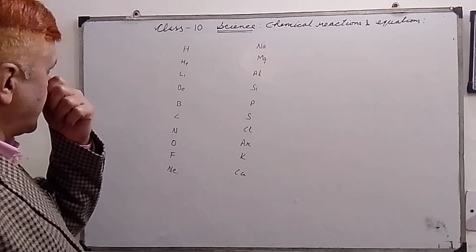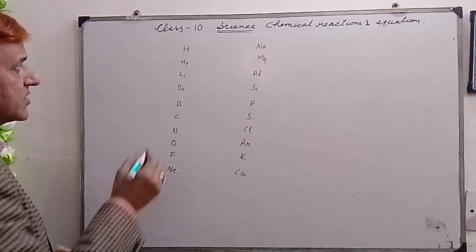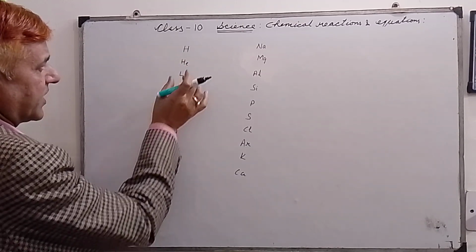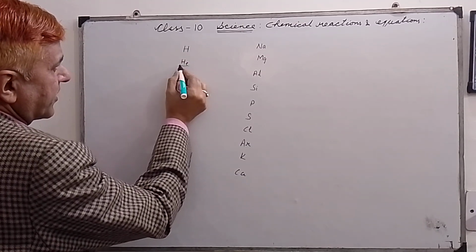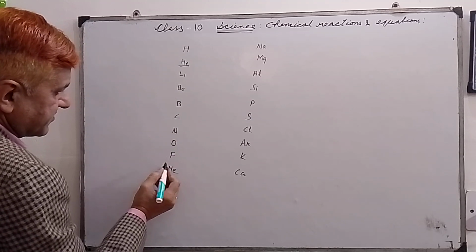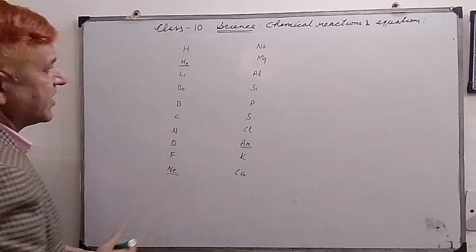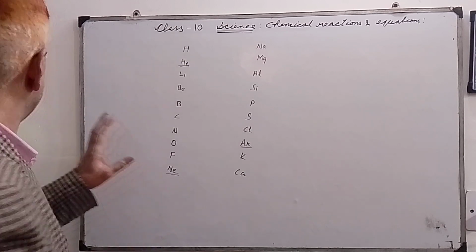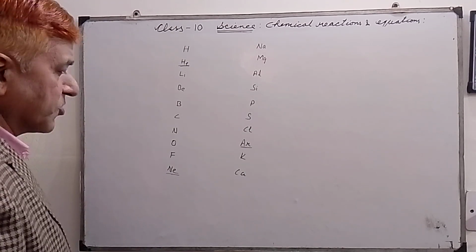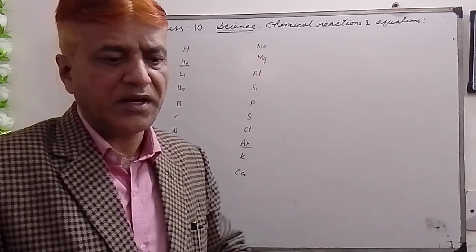One thing you must know is that now you have to identify the noble gases or inert gases. So these are the inert gases. Inert gases are given in the last group of the periodic table.